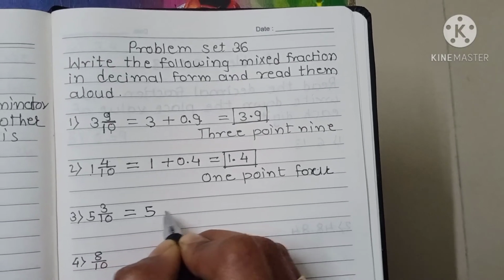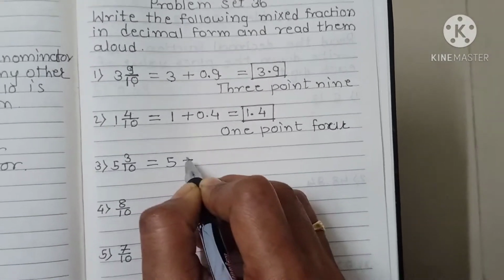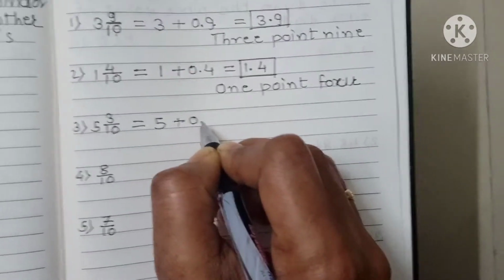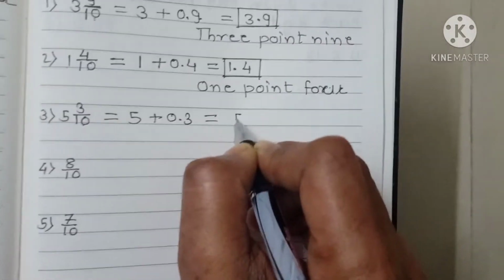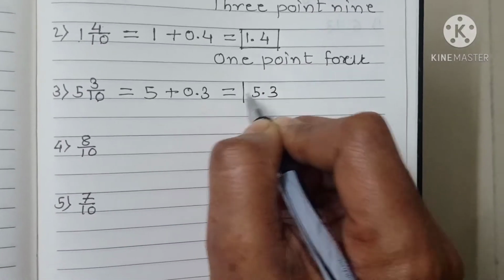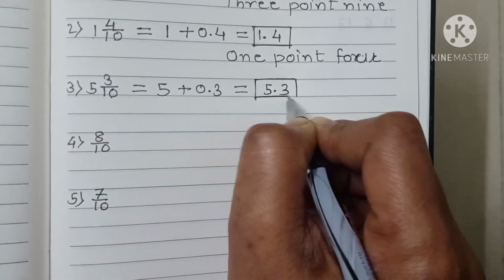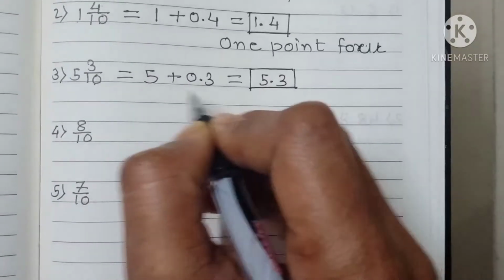Example number 3, 5 is the whole number plus 3 upon 10 is 0.3. So the answer is 5.3. You can write the direct answer also like 5.3 if you understand.